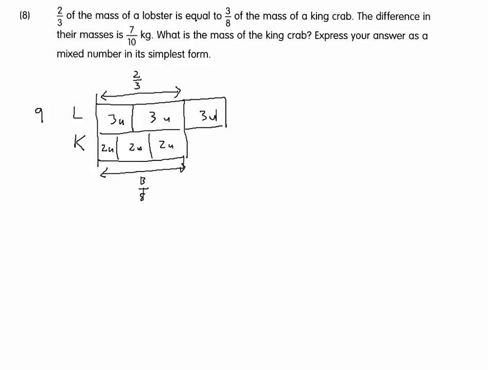Then king crab, sorry, it's not well written here. Now this is 3 over 8, and you know that 1 over 8 is 2 units. Correct? So what is 1 whole? 1 whole is how many units? 16 units, right?